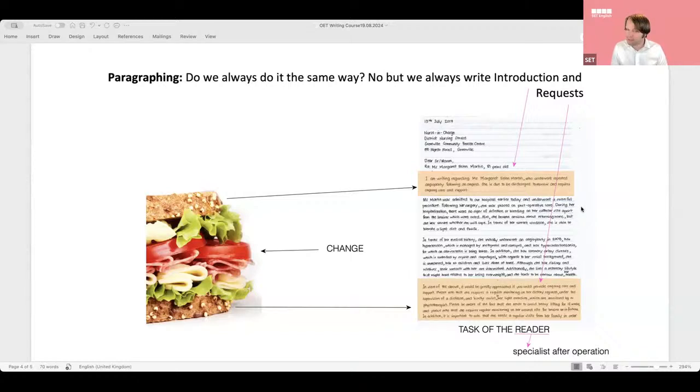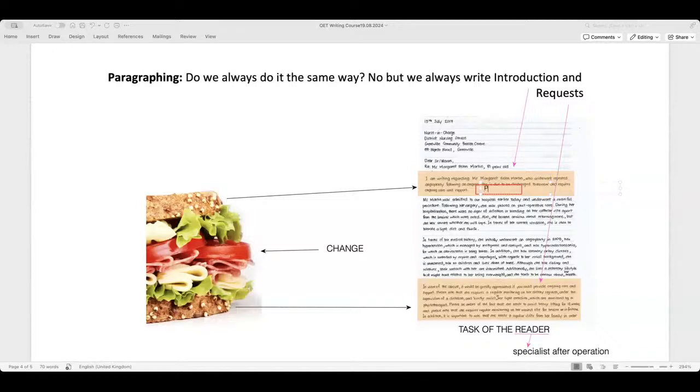No. Okay, fantastic. So there's something that must be inside your introduction paragraph. Does anyone know what must be inside the introduction? Situation. Situation, well, yeah, you should do that, but more important is why we are writing.